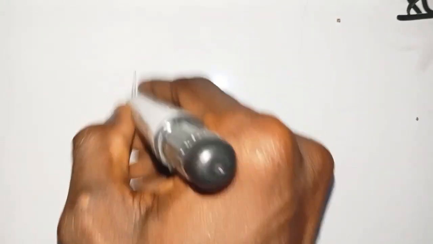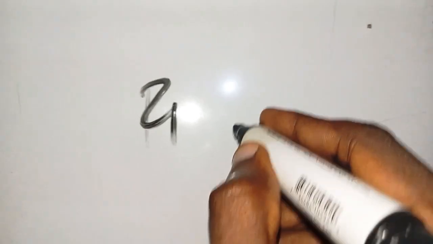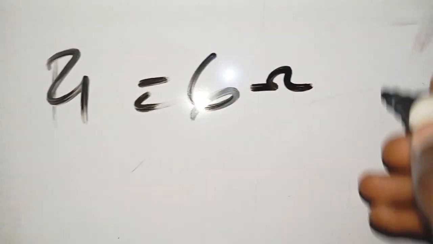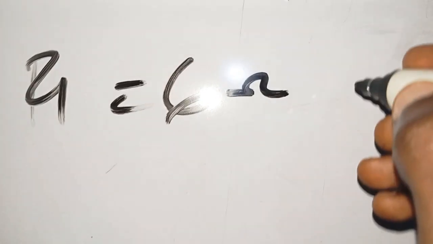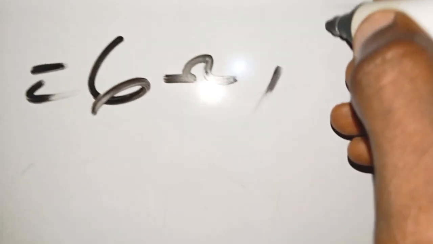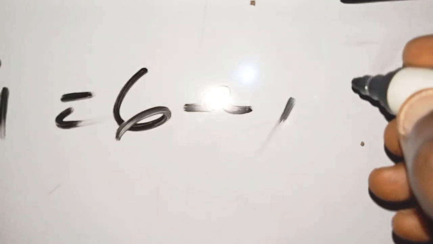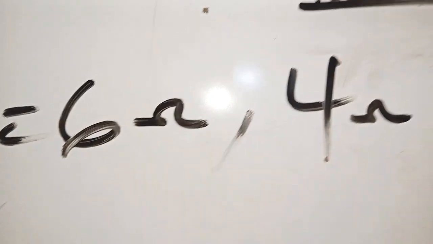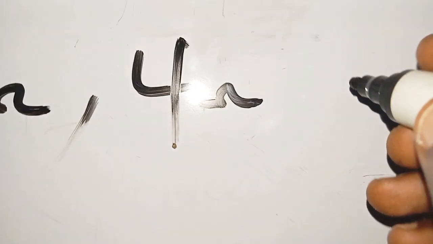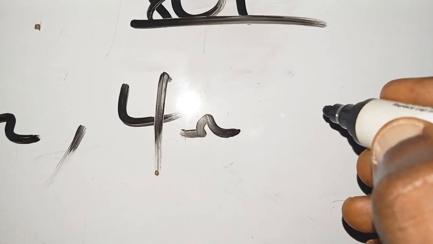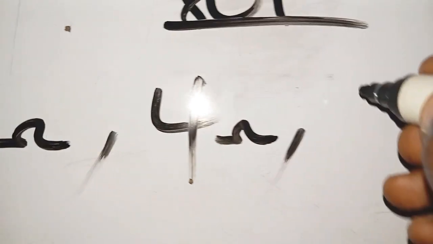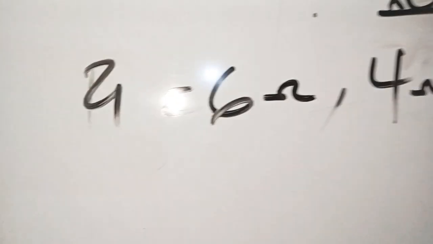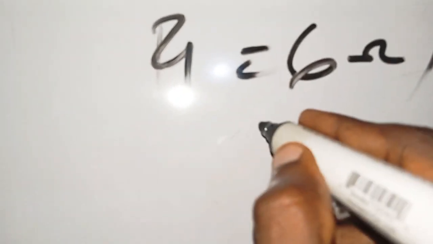Resistor 1 is equal to 6 ohms, resistor 2 is equal to 4 ohms, and resistor 3 is equal to 2 ohms.